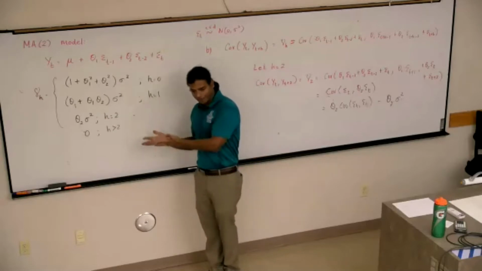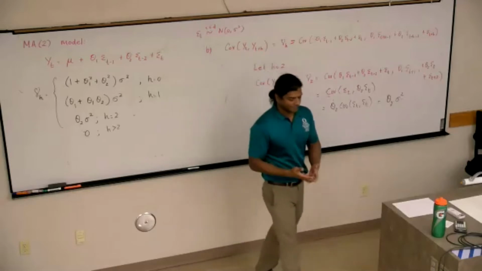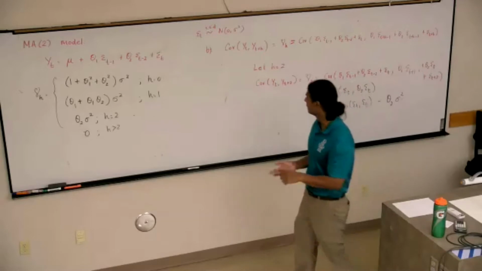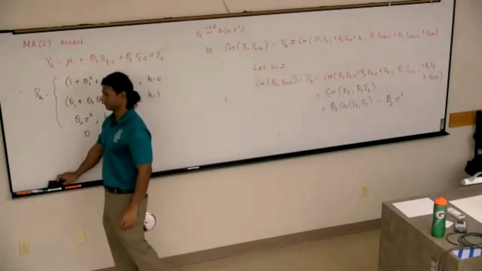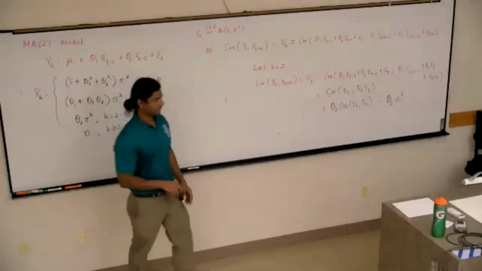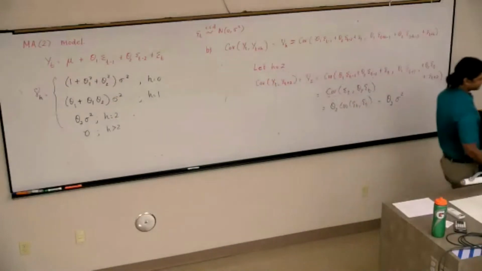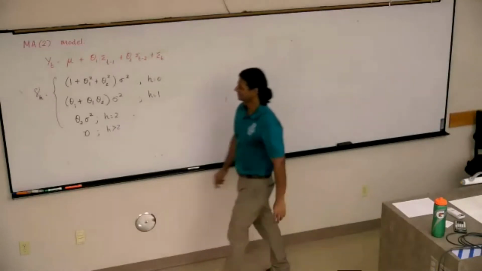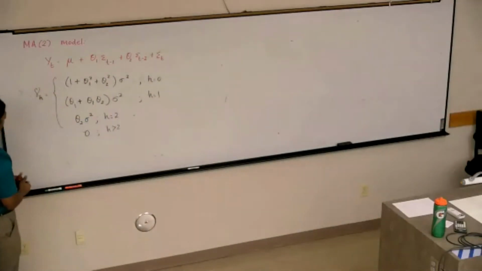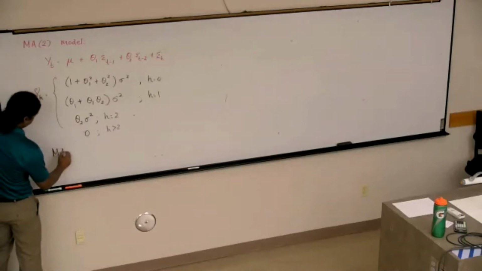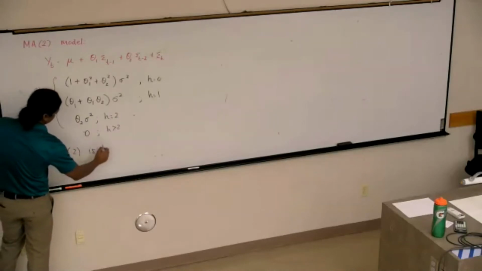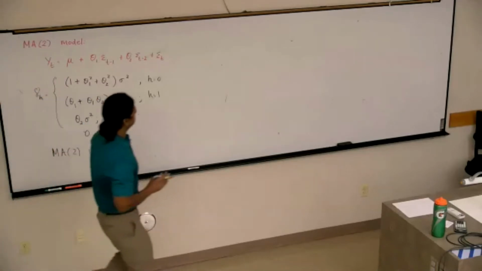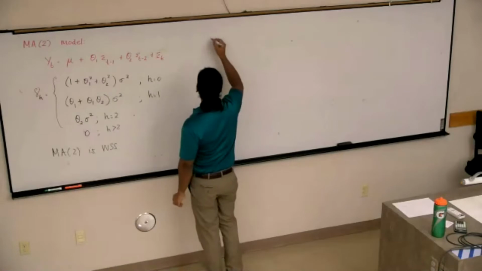Well, if the autocovariance function depends only on h, that's true for the correlation function also. So clearly, MA2 is quite stationary, so we're perfectly fine with the computations.